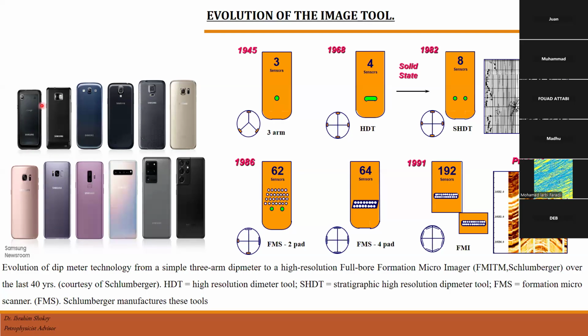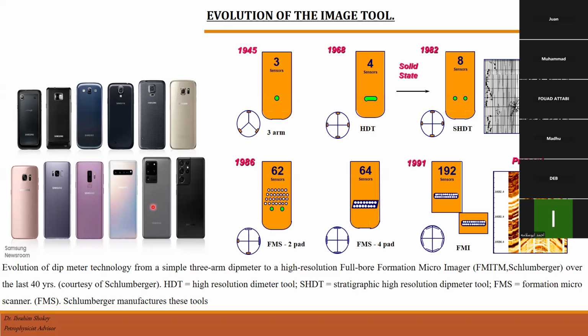Then the companies responsible for manufacturing cell phones developed their cameras, increasing the megapixels and the resolution, and then increasing the number of cameras in the mobile, not one single camera but two cameras, three cameras, and 4K, and so on.